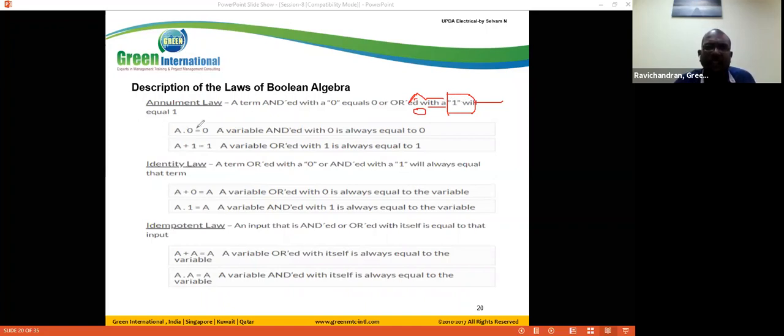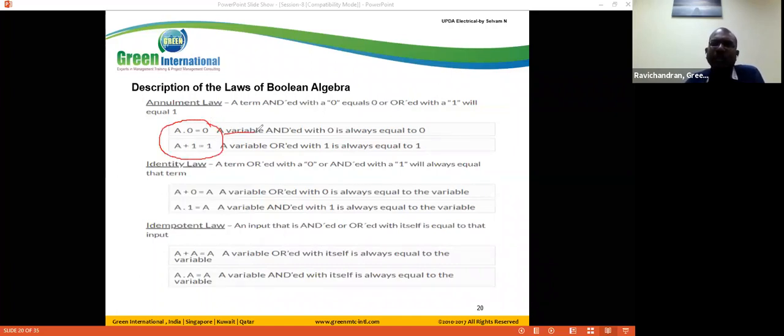Here A dot 0, so one of the inputs is 0, so the value is always 0. So we say that A dot 0 is equal to 0, and A plus 1 is equal to 1. For the OR gate, if any input is true, the output is true. So just remember this one.